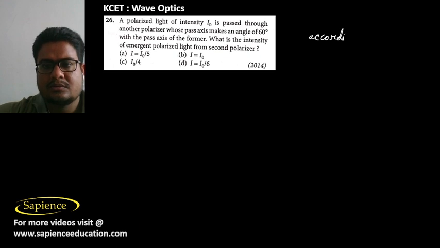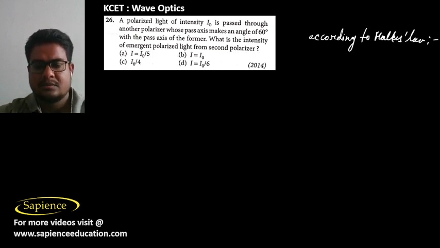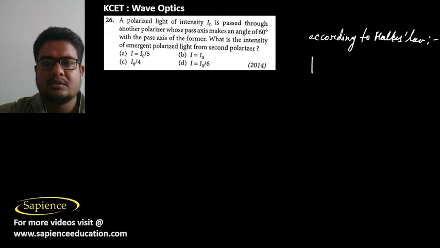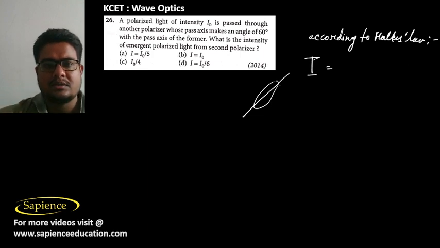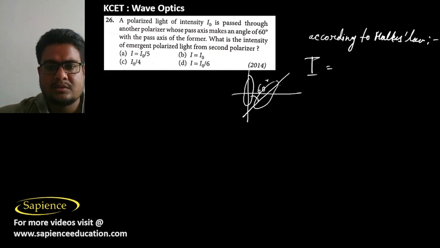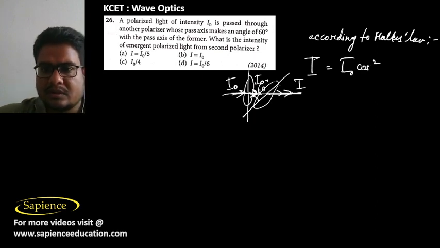According to Malus law, the intensity is I0 cos square theta.